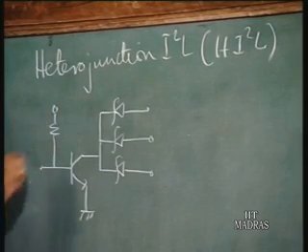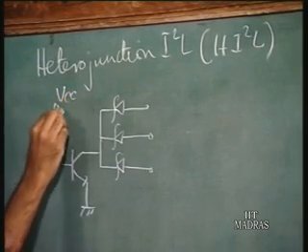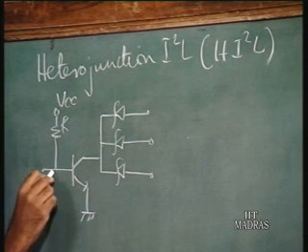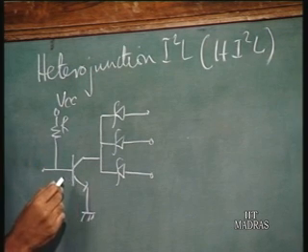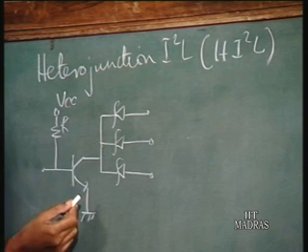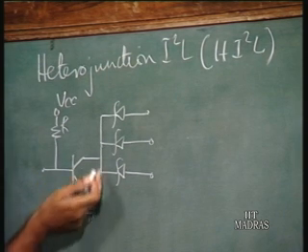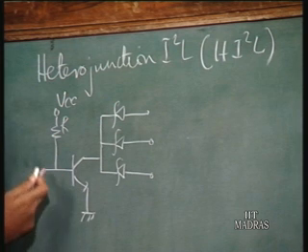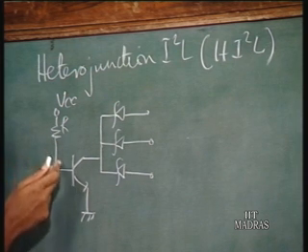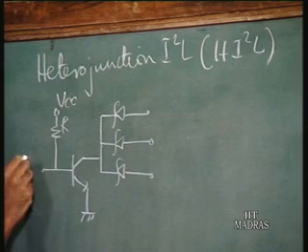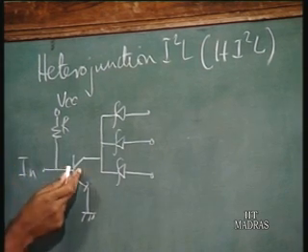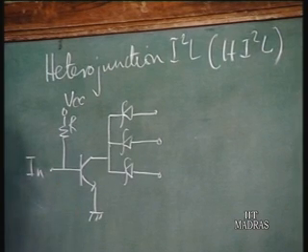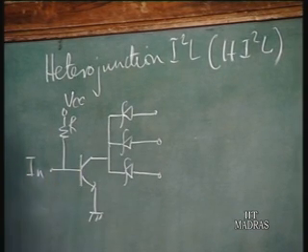So you have a resistance from the power supply, which acts as the current source, and this current can either flow into the base of the transistor, in which case the transistor goes to saturation and the output voltage goes low, or if the input is low, this current flows into the input, the transistor is cut off, and the output is going to be high.